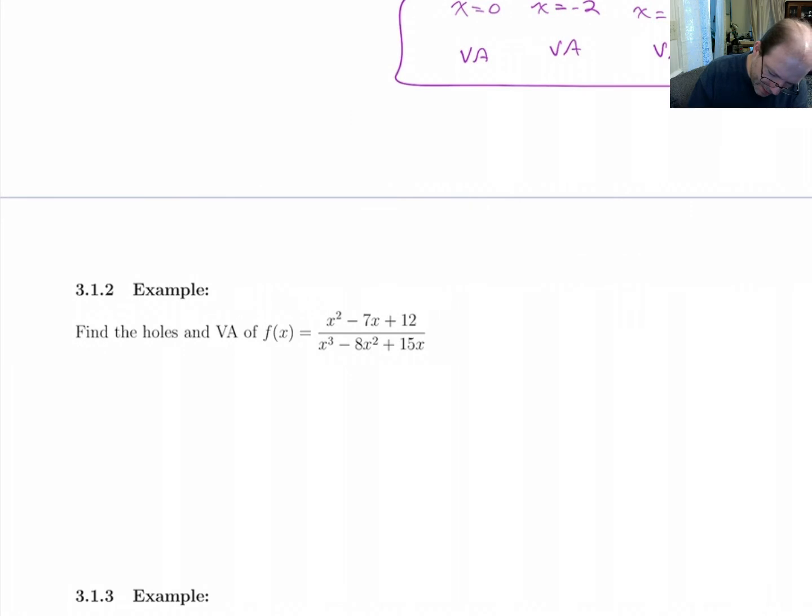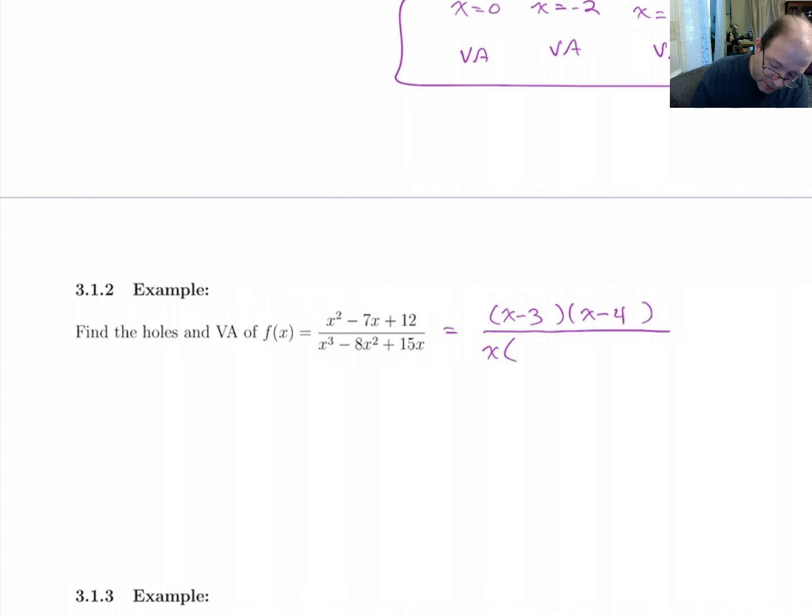All right, what about this guy? This one, if I factor it, let's see, the top, 7 and 12, 3 and 4, will that work? Yeah, x minus 3 and x minus 4, those add up to negative 7, multiply to positive 12.